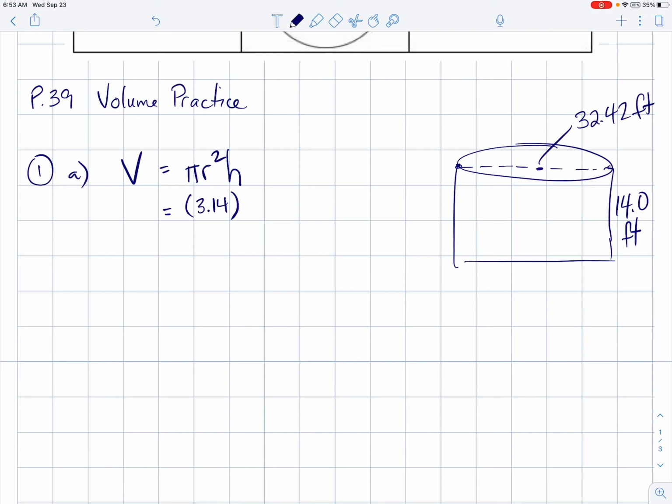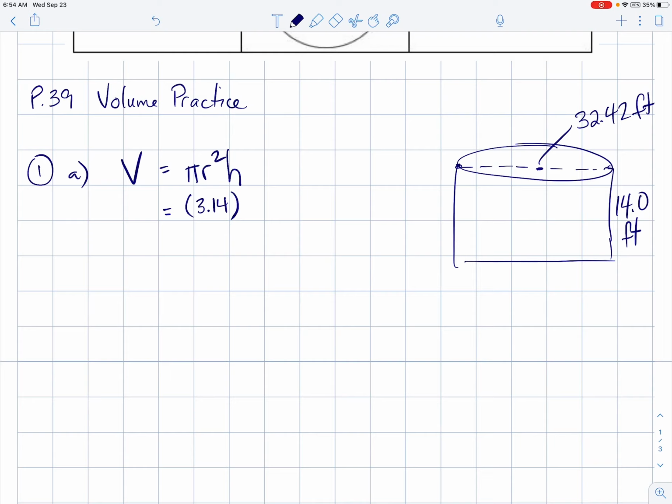But when I look at the dimensions given in the cylinder, I notice that the height has 3 significant digits, 14.0. So rounding off pi like this will not affect the number of digits in my answer. So this is okay.